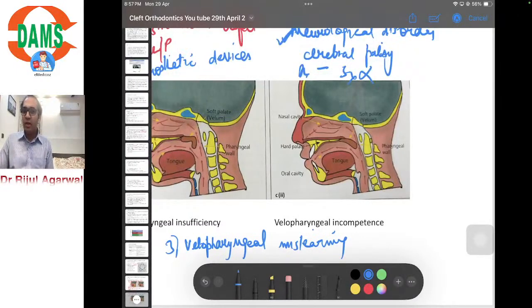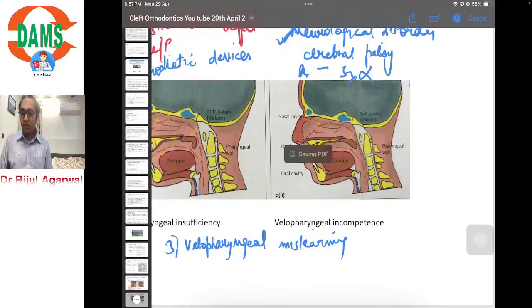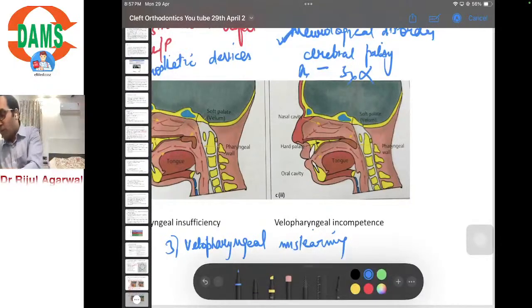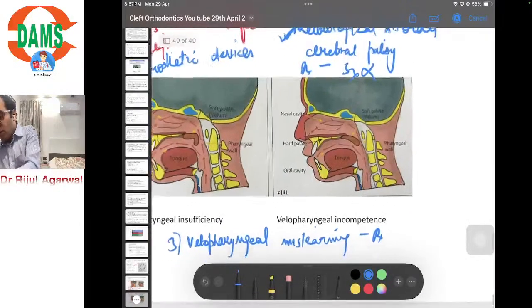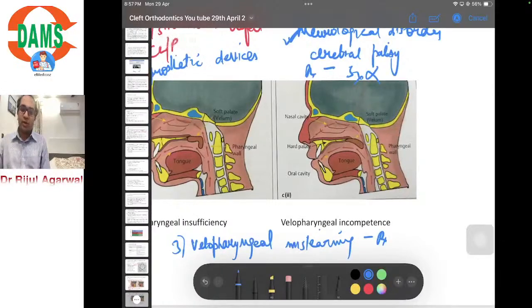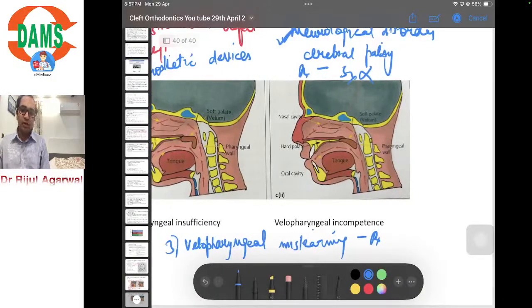The individual during their developmental stage, in some, their speech is not adequately developed, so that is known as velopharyngeal mislearning, and its treatment would be speech therapy only, no surgery, no medicine, no obturators, anything.